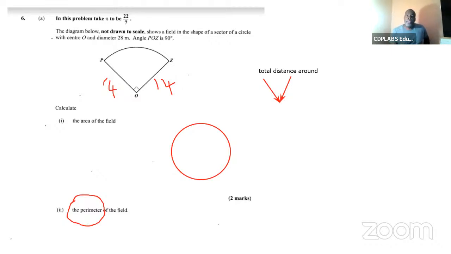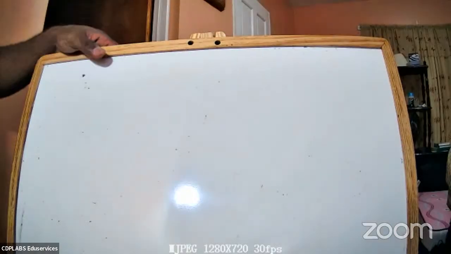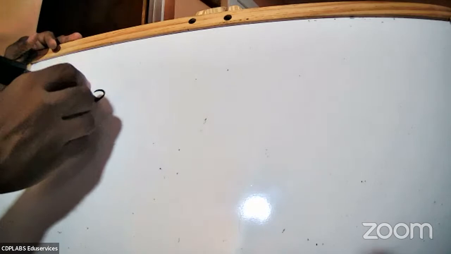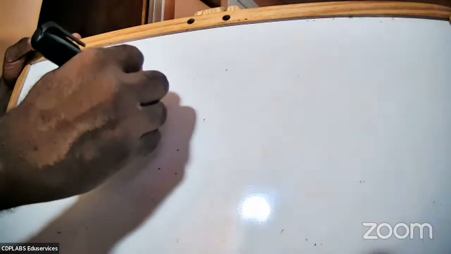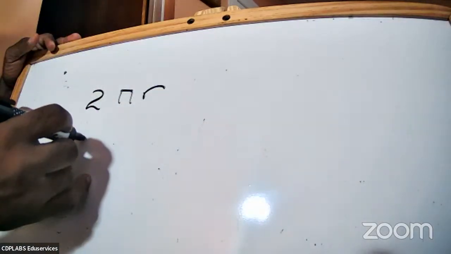How do we find the circumference of a circle? Do you remember that? How do we find the circumference of a circle? You can use either of two formulas: 2 pi r or pi d.